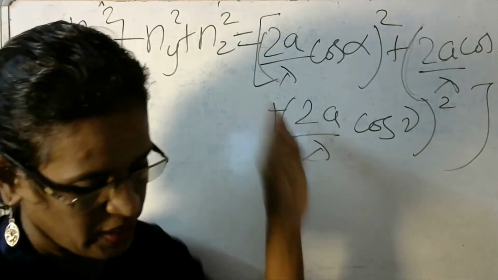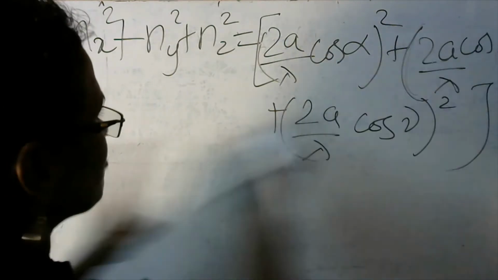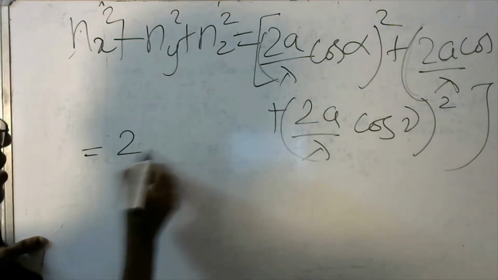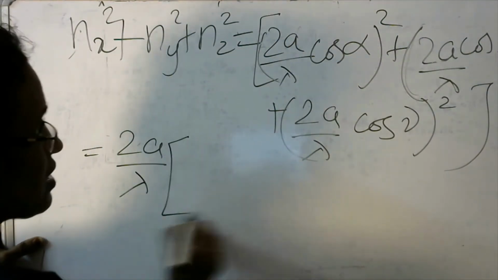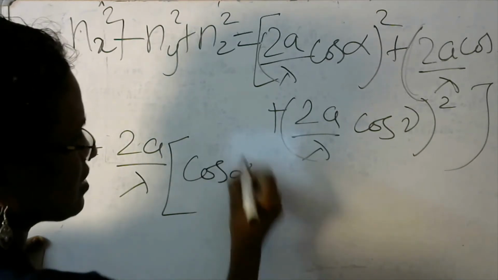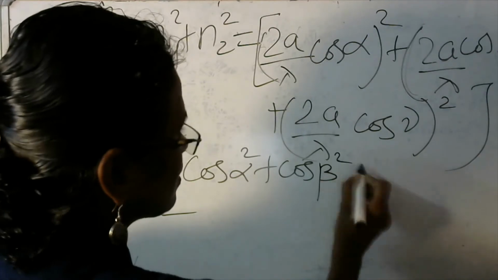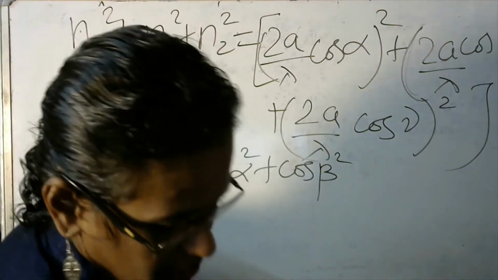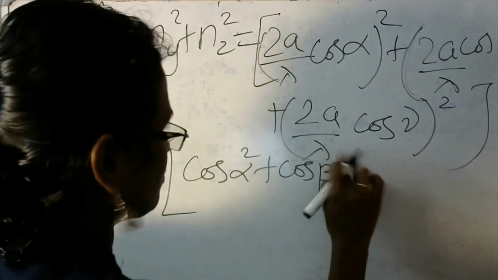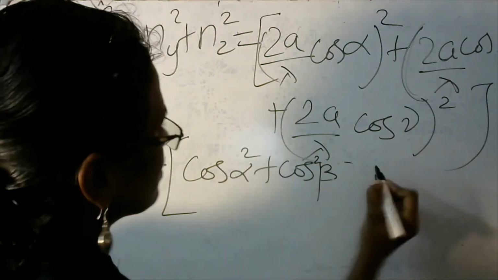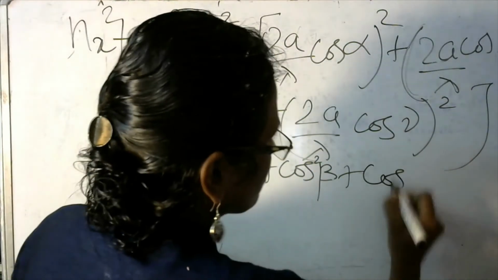When I add this equation, take the 2a by lambda factor commonly outside. So 2a by lambda outside, the remaining will be cos square alpha plus cos square beta, and then cos square gamma.